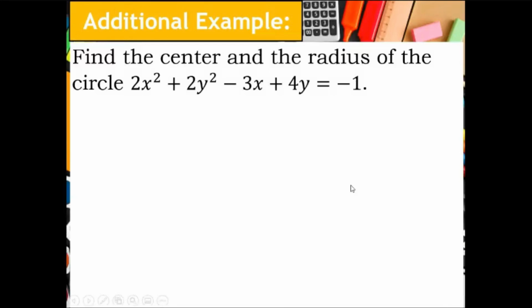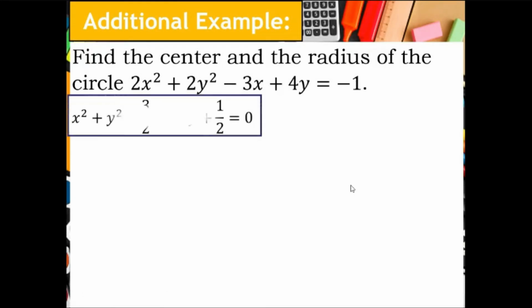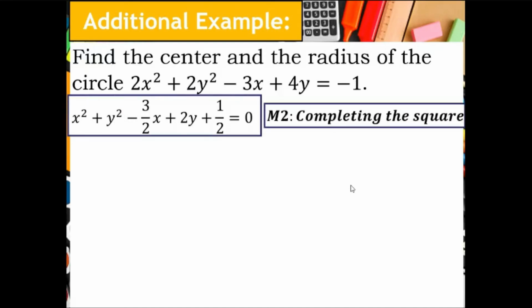We can also solve the same problem and find the center and the radius of this given circle using completing the square. That's our method 2. So the first thing again that we will do here is to check if our given is in its general form. If not, we again manipulate the given to get the general form.